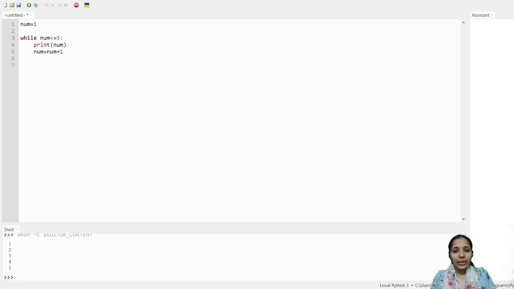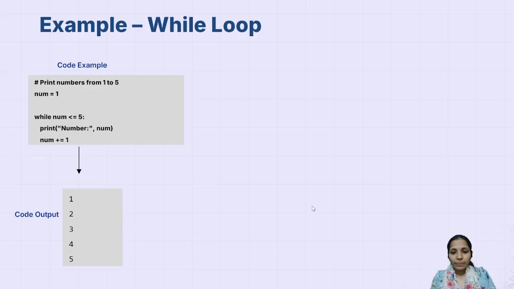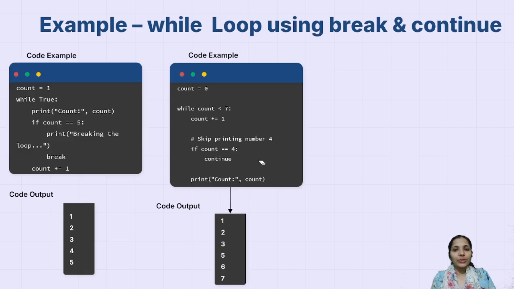Now let's see how we can apply our break and continue statements in our while loop. Here is a code wherein I'm initializing the count equal to 1. First I have a variable count which is initialized with value 1. Then I'm using the condition while True.